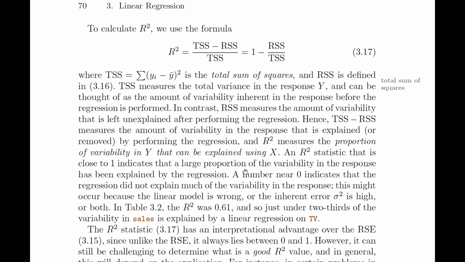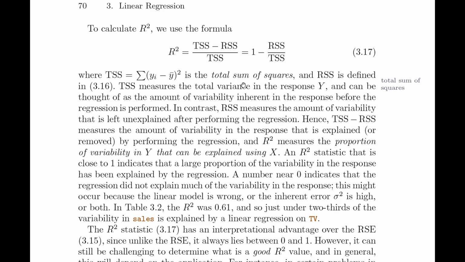So to calculate R², we have this formula, where TSS is the difference between each observation's output and the mean of the full set of outputs, squared.